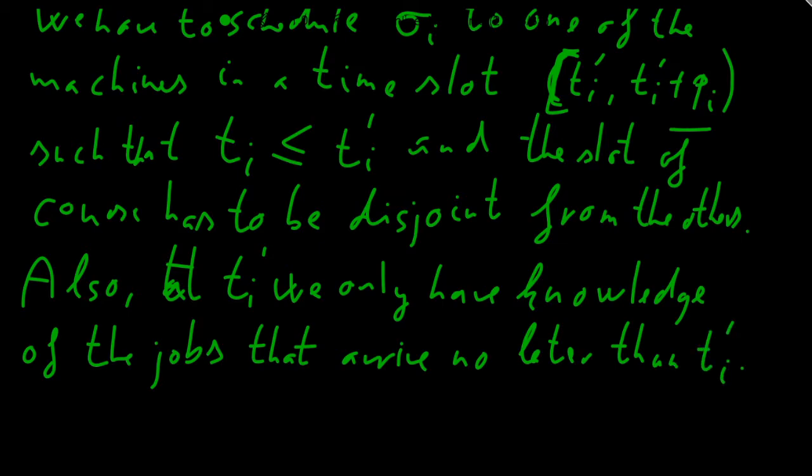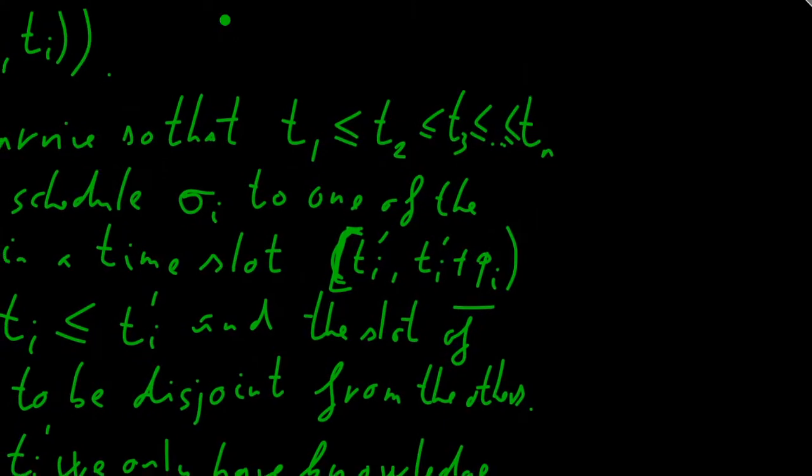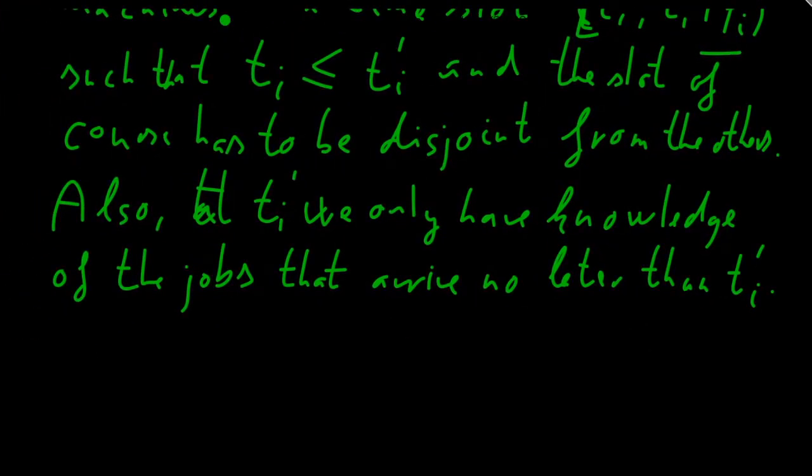Okay, so at any time instant, if we make a decision, we can only use information which is already available.